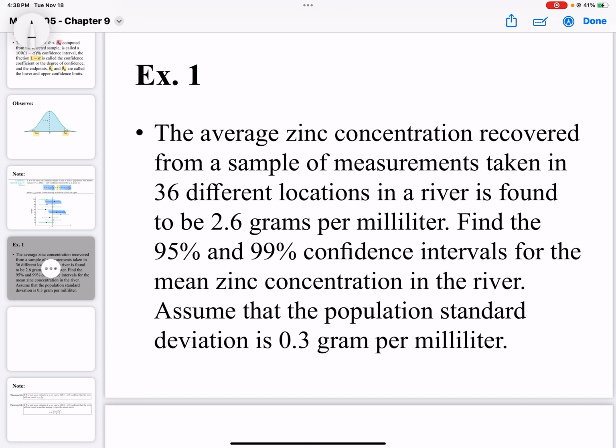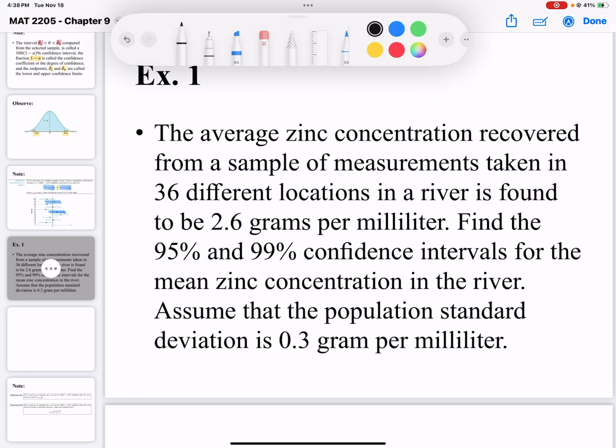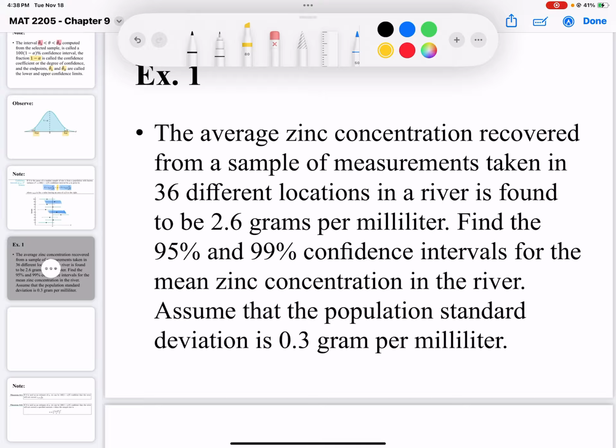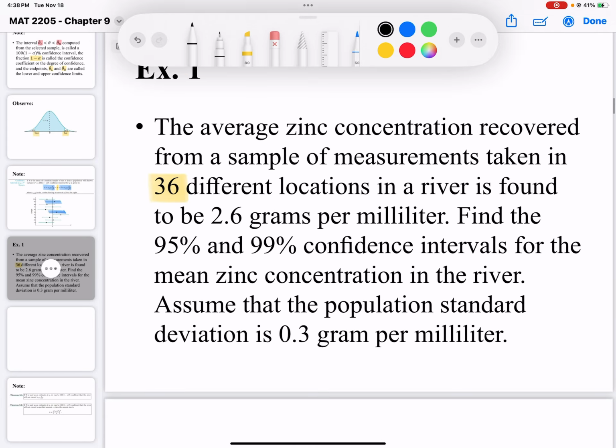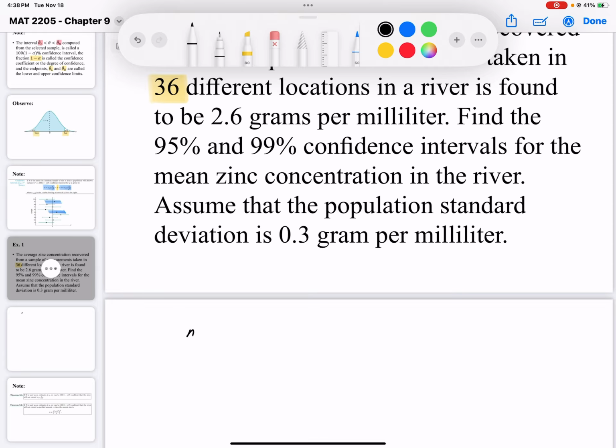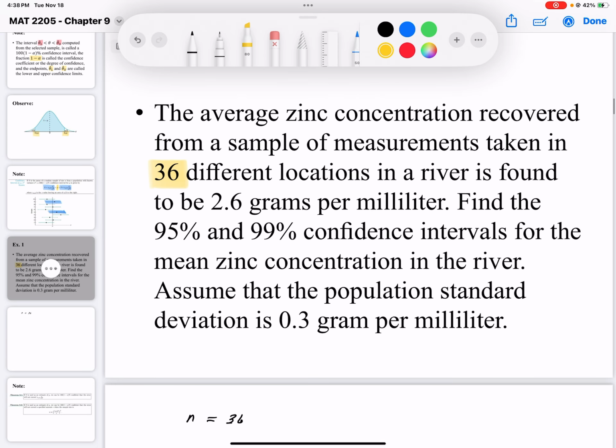Okay, there are a lot of different things that we have here. Let's point out what we have first, what is obvious. We have 36 as our sample size, so let's go ahead and identify our n to be 36. What else here? 2.6.